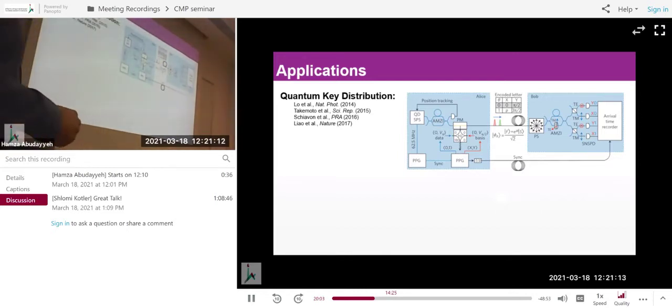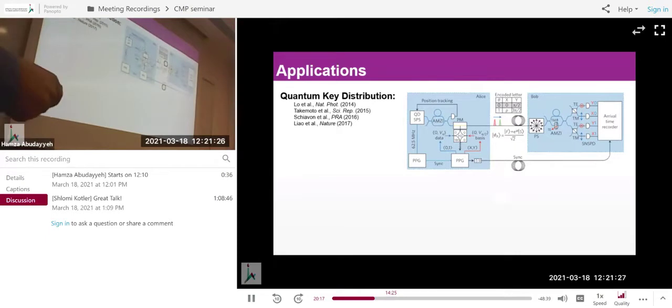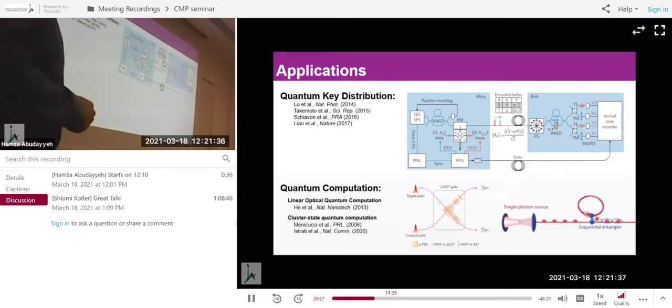And the fact that you randomly choose the basis in which you encode the information, and the fact that it's a single photon that you're sending, means that if anyone in the middle tries to read this, it will introduce errors that can be detected by the two parties, which makes this a physically secure way of exchanging information. So this is what's called quantum key distribution.